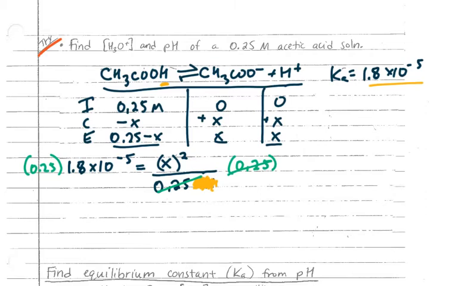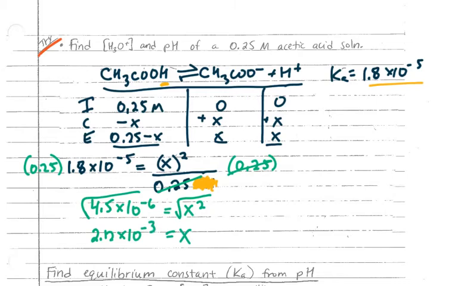So 0.25 times 1.8 times 10 to the negative fifth is 4.5 times 10 to the negative 6 equals X squared. Now I take the square root of both sides, and I get X equals 2.12 times 10 to the negative 3. And so that is our concentration of hydrogen at equilibrium.